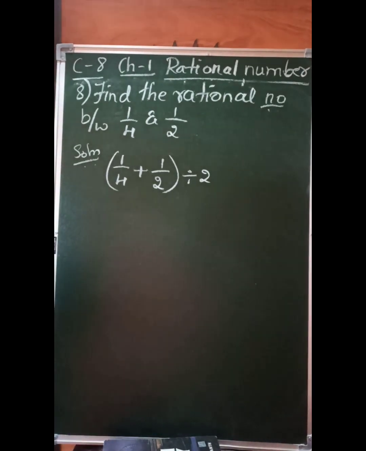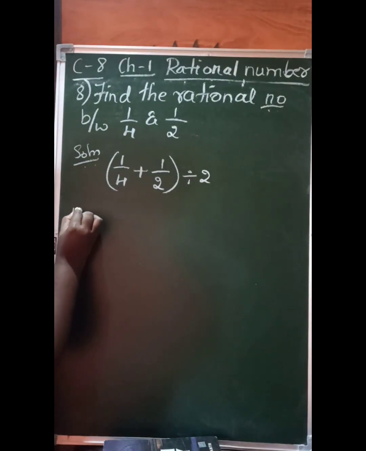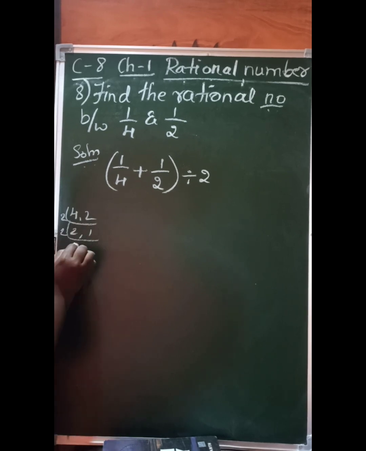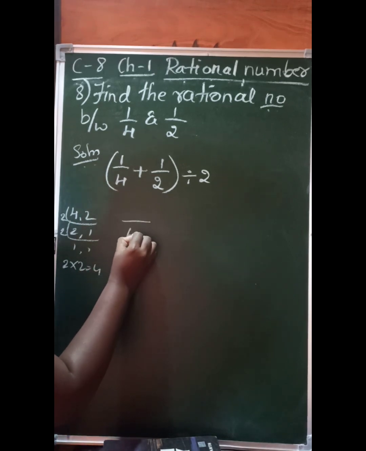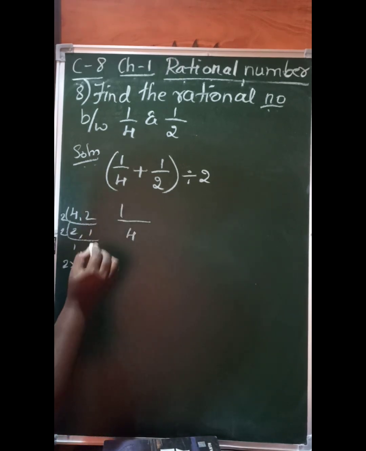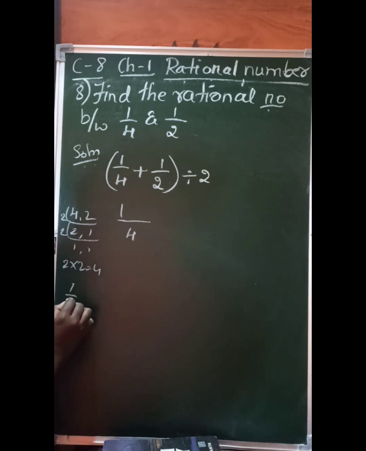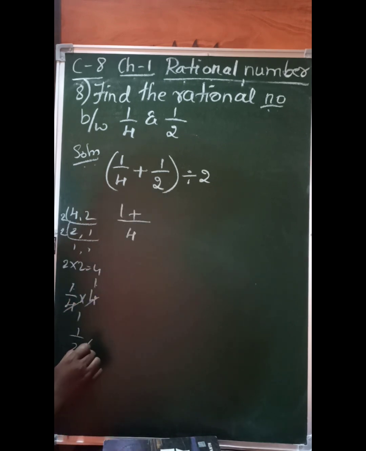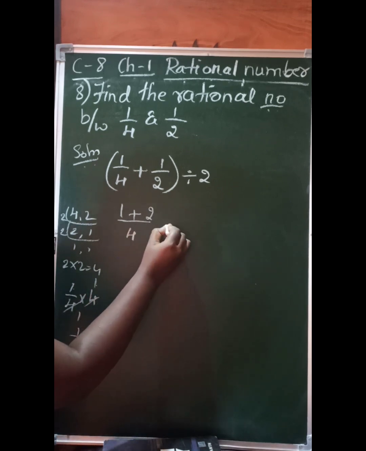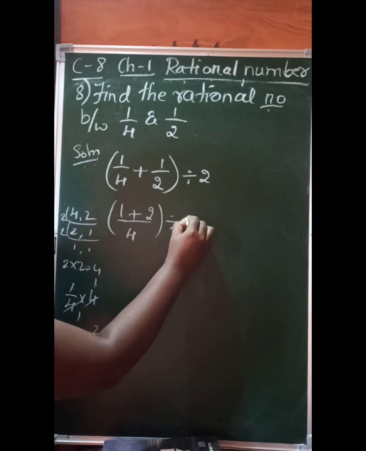So consider the LCM of 4 and 2, that is 4 comma 2. 2 2s are 2, 1s are 2, 1s are 2. So 2 into 2 is 4. Now consider 4. I have already taught you how to consider 1 by 4 into the LCM: 4 1s are 4, 1 into 1 is 1, plus 1 by 2 into 4: 2 2s are 4, 2 into 1 is 2, divided by 2.